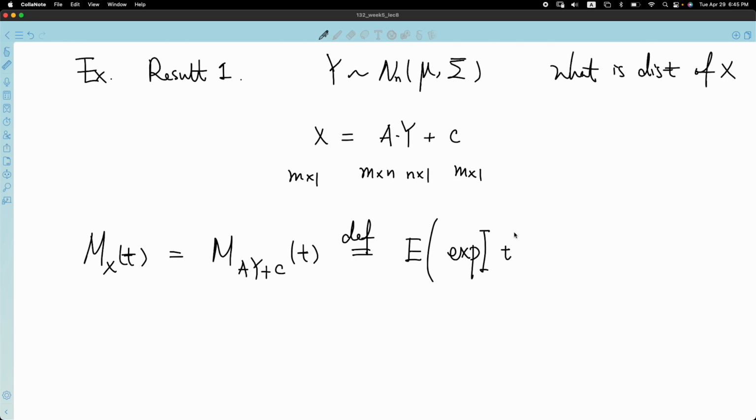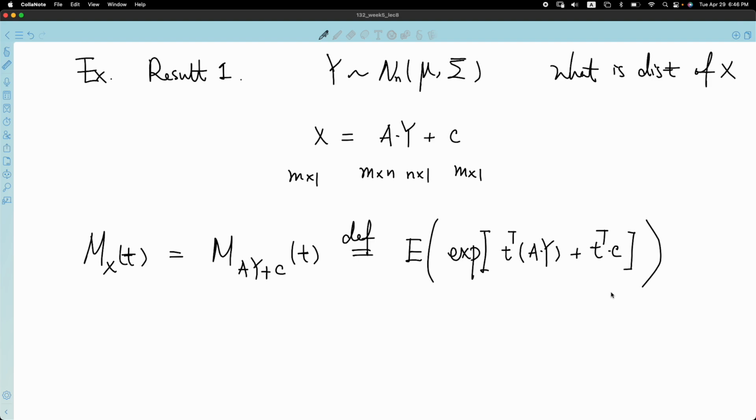I hope this is just the same as before, but I'm going to write the result directly. So you have t transpose multiplied by Ay, distributing this t to Ay plus t transpose multiplied by c, closing the square bracket, closing the parenthesis for expectation.